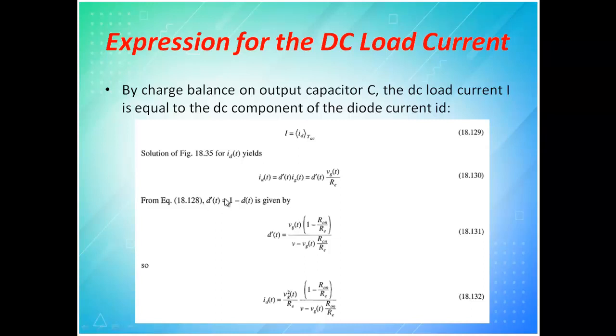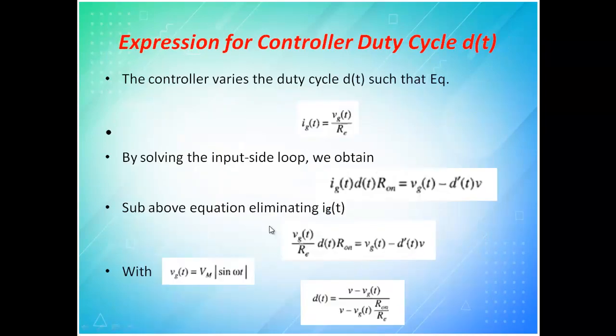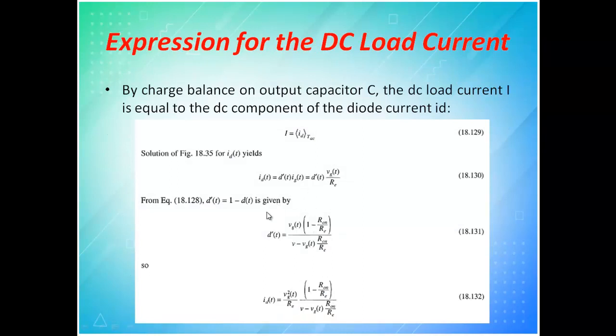Now substitute this here: instead of d dash of t I substitute 1 minus d of t, and this d of t I have already calculated as the duty ratio. So try to bring that and substitute it here, and from this I will get I of t.